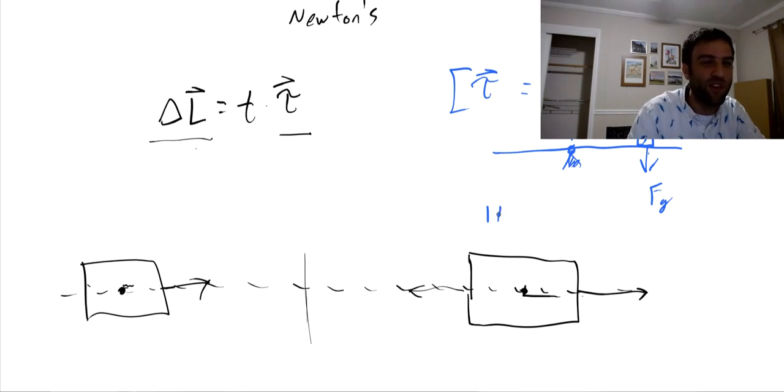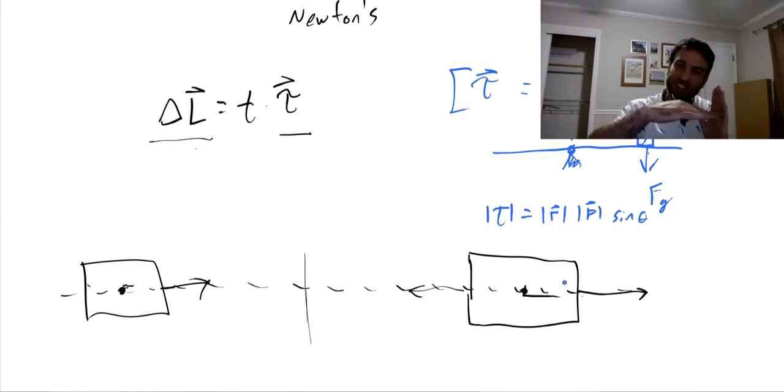And remember that the magnitude of a torque is given by the magnitude of the lever arm times the magnitude of the force times the sine of the angle between them. So because the angle is 0, there's going to be no torque involved in this collision. And so that tells me already that this is going to be something that just involves conservation of linear momentum.